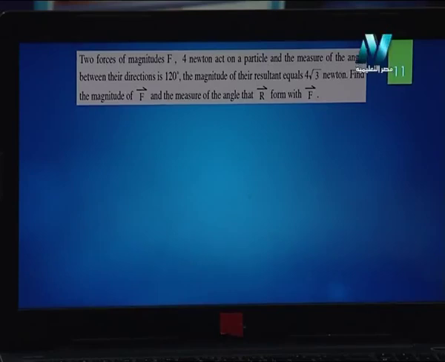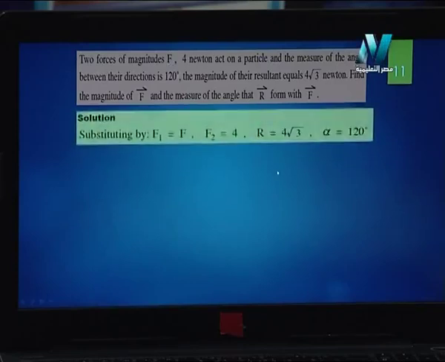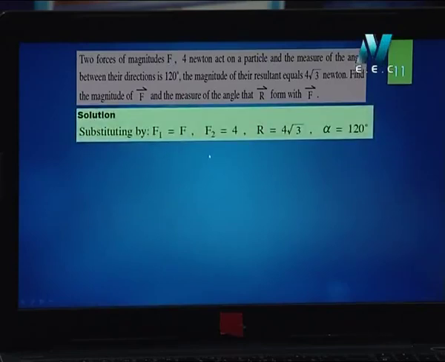Find the magnitude F and the measure of the angle that is formed with F. Notice, my dear students, that we have F as the unknown. So we write the data: F1 equals F, F2 equals 4, R, which is the resultant, equals 4 root 3, and alpha, which is the angle between the two forces, equals 120 degrees.